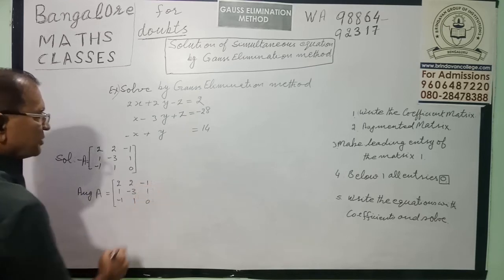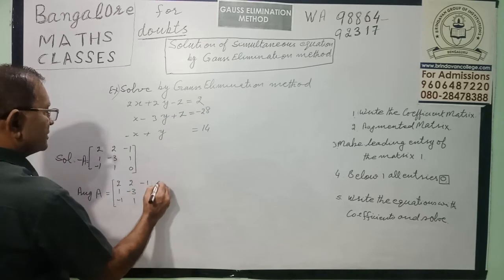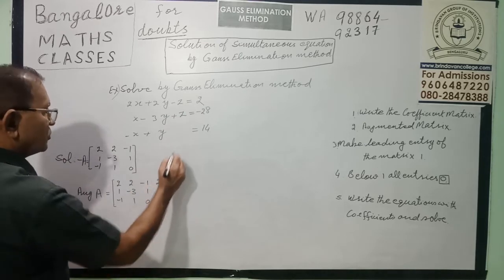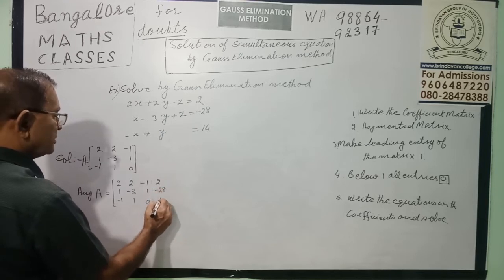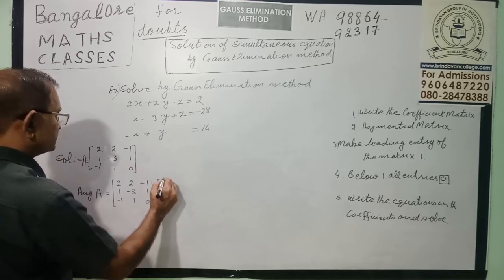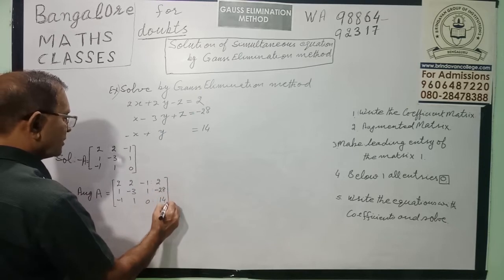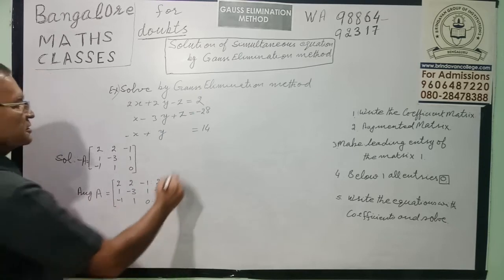Its augmented part, the extended part, is 2, minus 28 and 40. That is its augmented part.